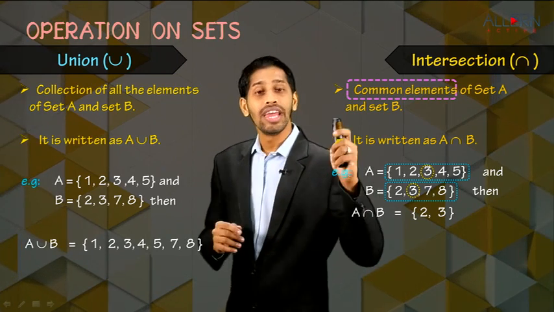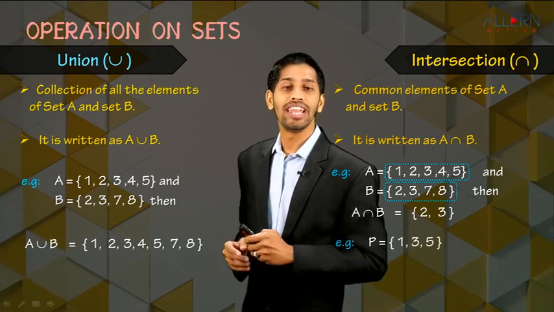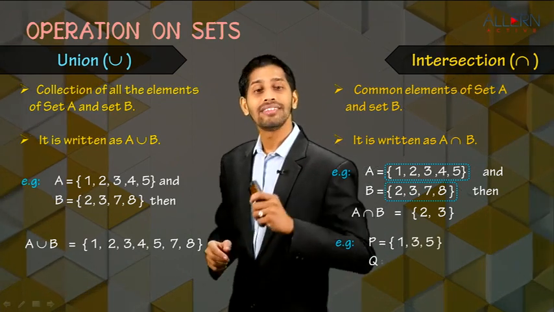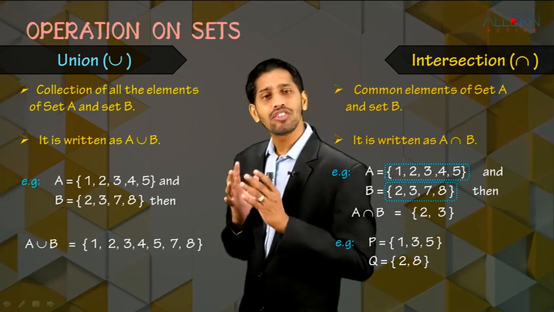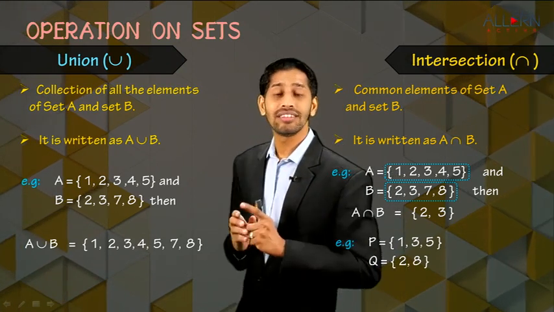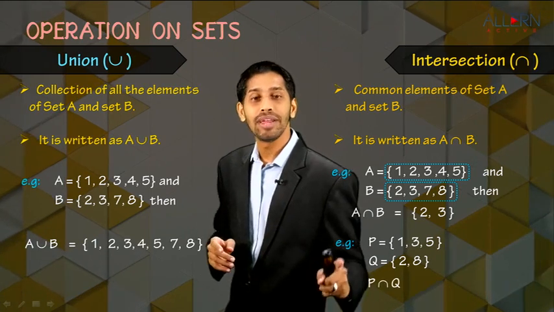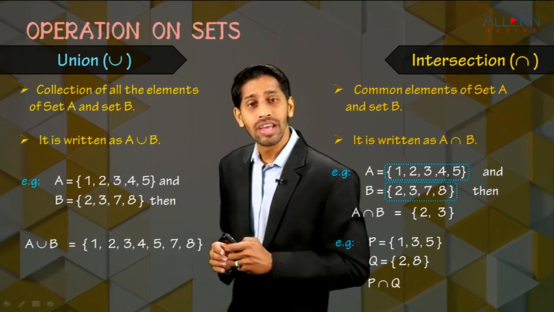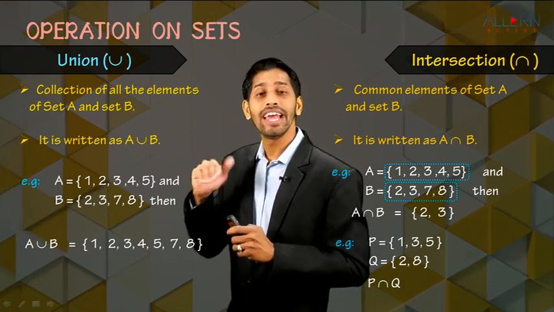Now if we take one more example, that is set P whose elements are 1, 3, 5, and set Q whose elements are 2, 8. And if we just find their intersection, that means we want to write only common elements. So we say that P intersection Q is equal to, if you observe both sets, nothing is common, all the elements are different.